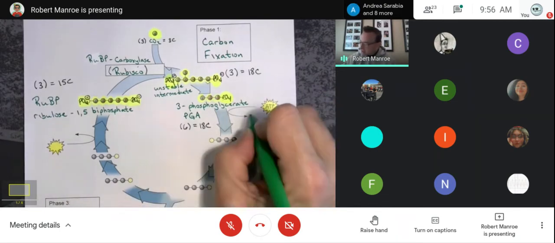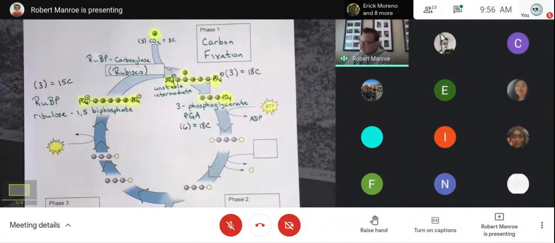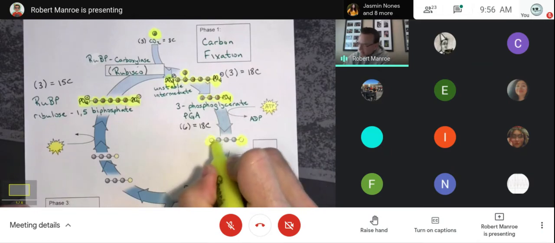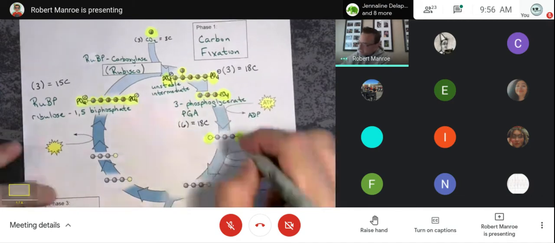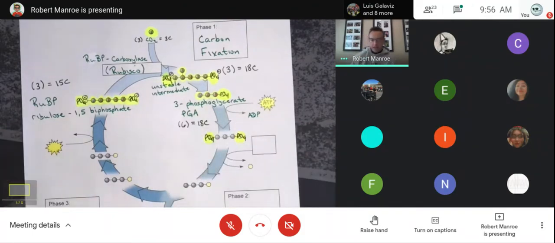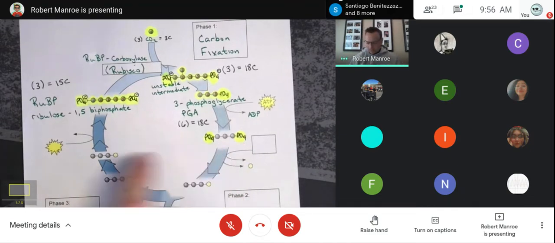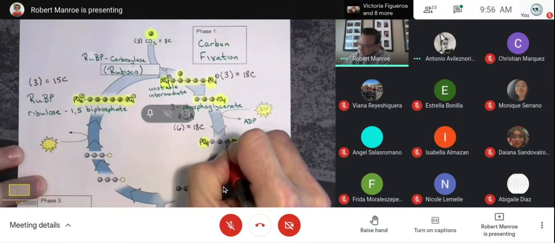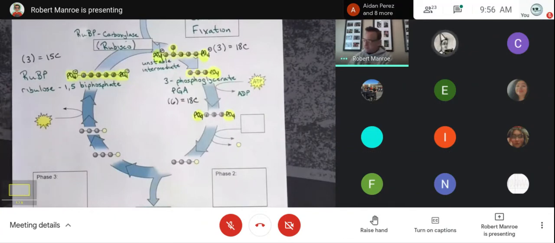And when ATP comes in, it donates a phosphate. So that's why you see a phosphate here on the end and a phosphate here on the end. Here, you only had 1. Now you have 2. So now this is no longer just 3-phosphoglycerate. Where are your phosphates? On which carbons? 1 and 3. And how many phosphates are there? 2.